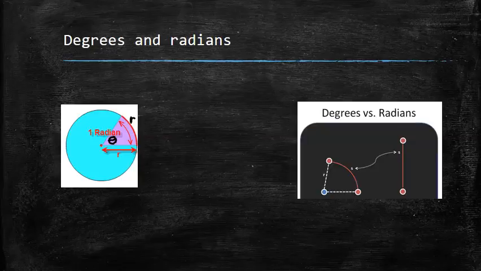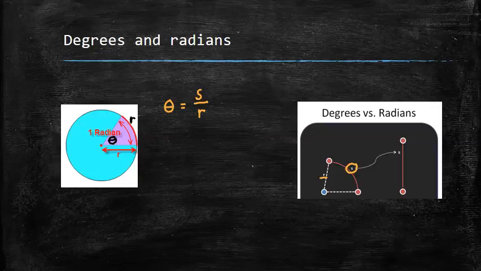It makes sense to define the angular displacement as the ratio of the arc length, which we'll call s here, to the radius. So to write that as an equation, the angle theta is equal to the arc length s divided by the radius r.